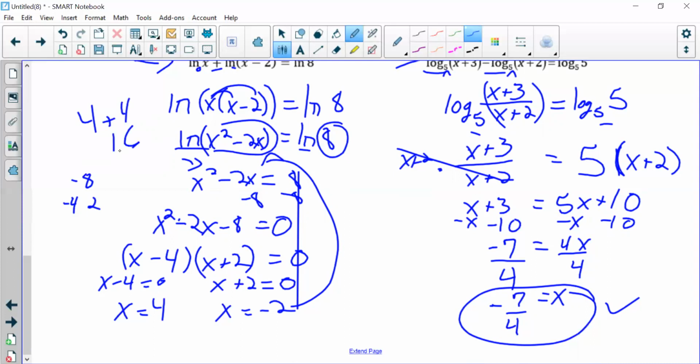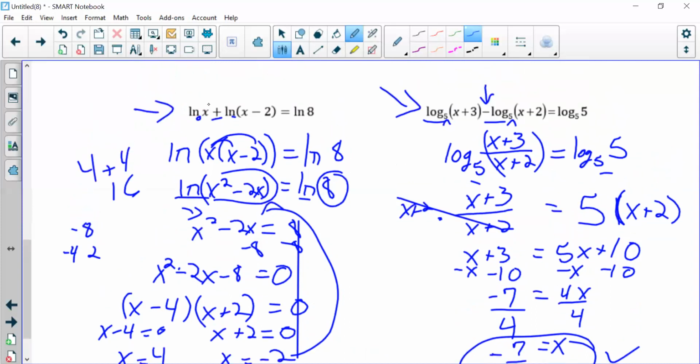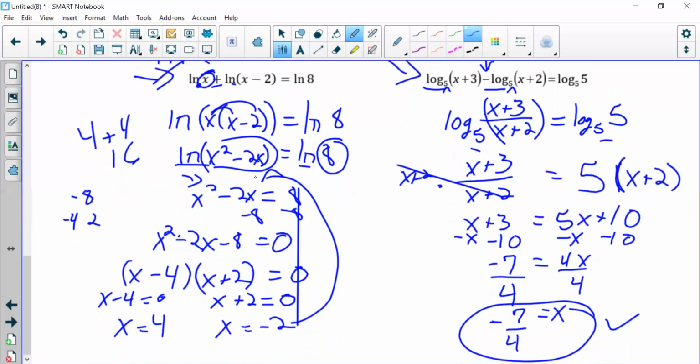Well, that works, but let's look back up here at our original. If I plug in a negative 2 here, can I do that? The natural log of negative 2, am I allowed to have a negative number there? No. All right, so this negative 2 doesn't work.